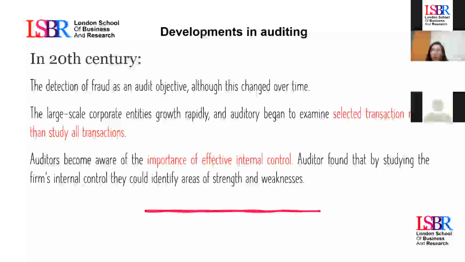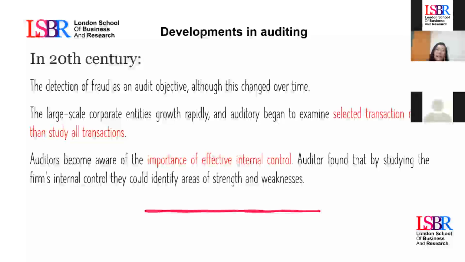But do you remember that at the beginning of this presentation, we discussed if the detection of fraud was the main purpose of the audit. At the end, I told you that fraud is not the main objective of audit. This is the result, but this is not the main objective. Now the approach has changed.